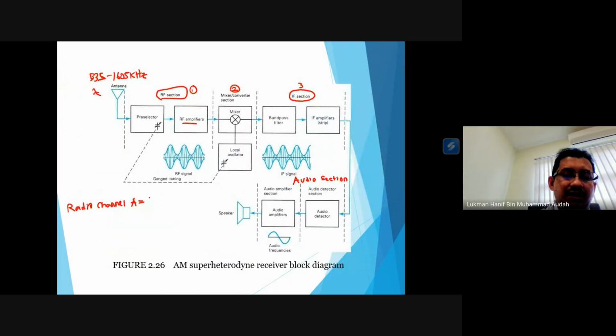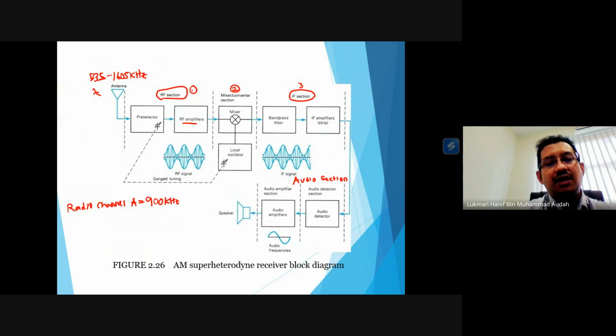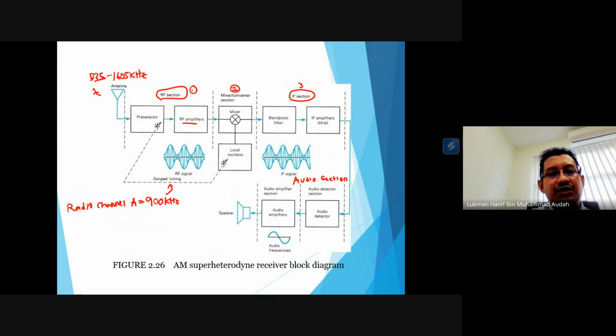I'll use the same example, 900 kilohertz. When I tune my receiver to 900 kilohertz, I'm actually giving the instruction to the receiver to tune to 900 kilohertz.